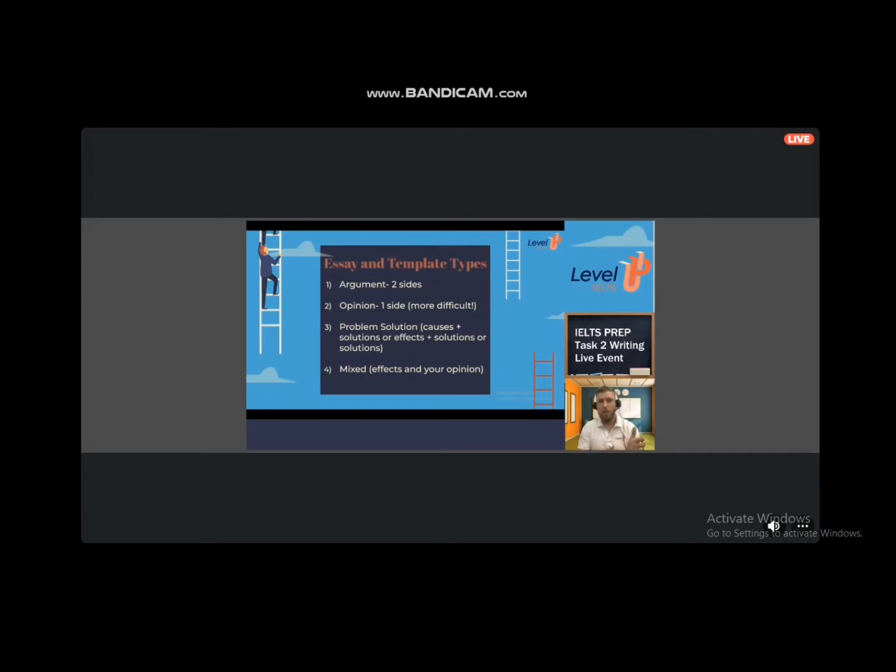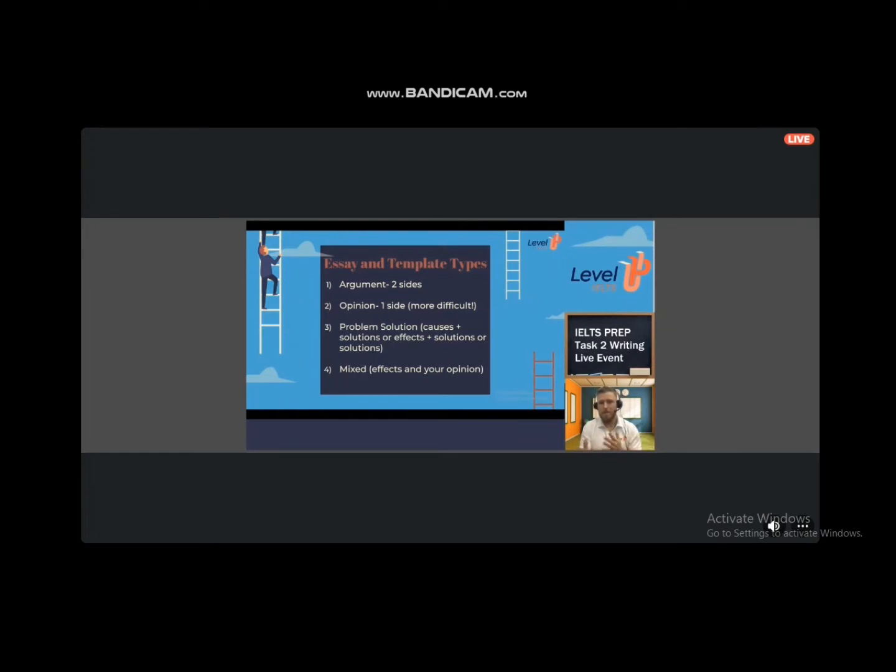Number 2 there is an opinion essay, and those are questions where they ask for your opinion, and you're going to just be writing about one side, which is your side, all right? And number 3 there is what we're doing today. It's a problem solution essay, or it could be a causes and solutions, or effects and solutions, or just solutions, okay? And that's what we're doing today. Then there's another one that's more rare.